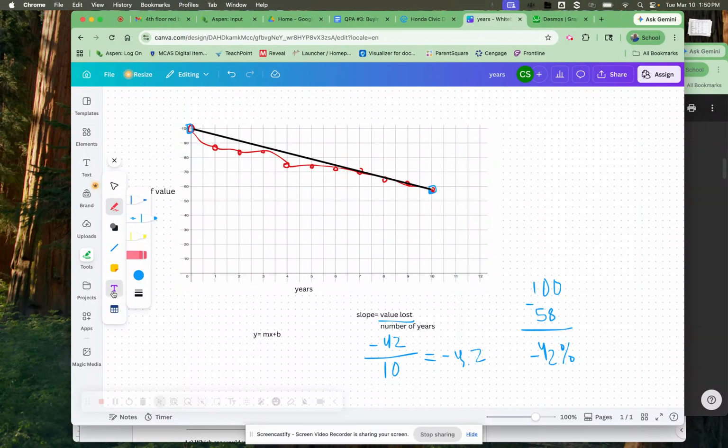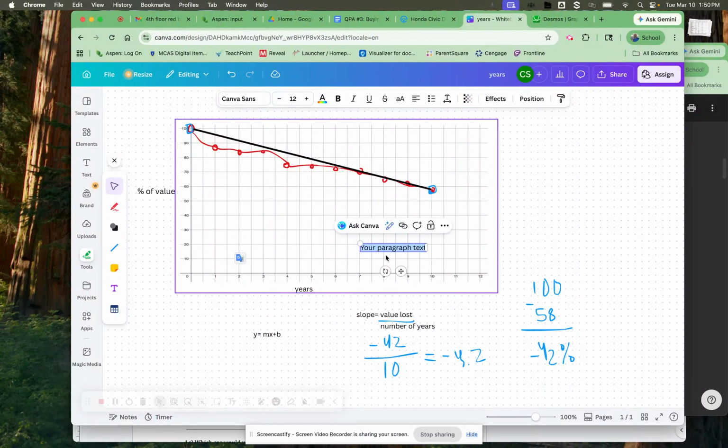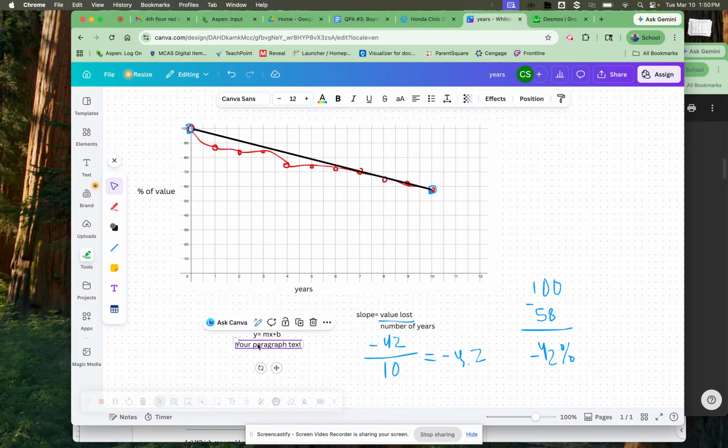So my slope, I'm going to put that in my equation. So y equals negative 4.2x plus, and my b is going to be my y-intercept, which is right here.